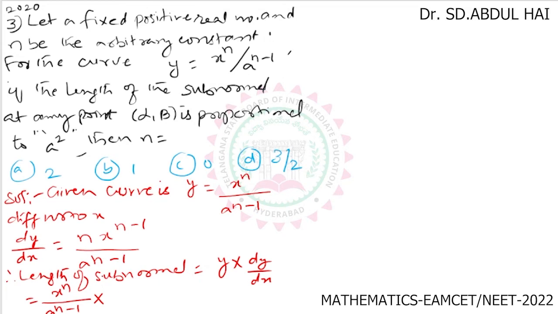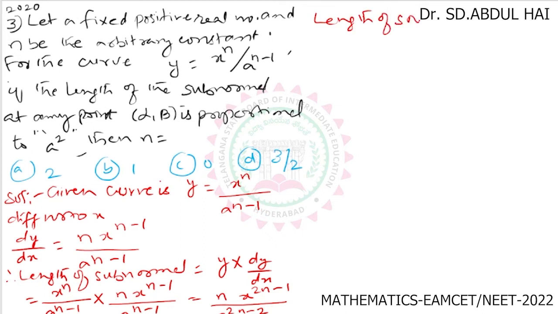Just now we have found the value of dy by dx, that is n x power of n minus 1 whole divided by a power of n minus 1. If I multiply this, n will remain as it is, and the same powers will be added, that is x power of 2n minus 1 divided by a power of 2n minus 2.